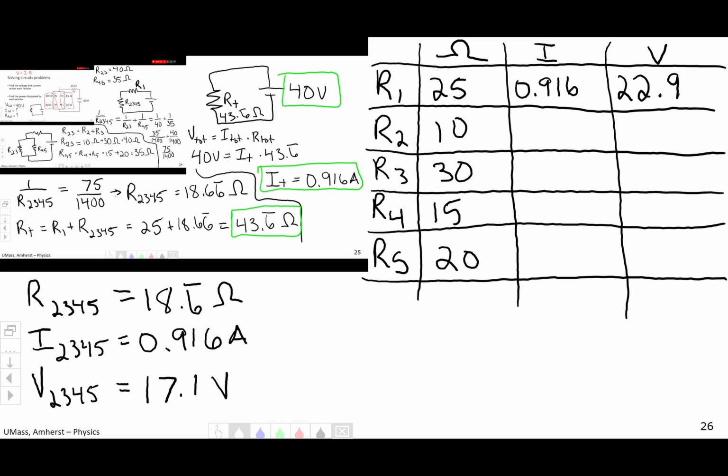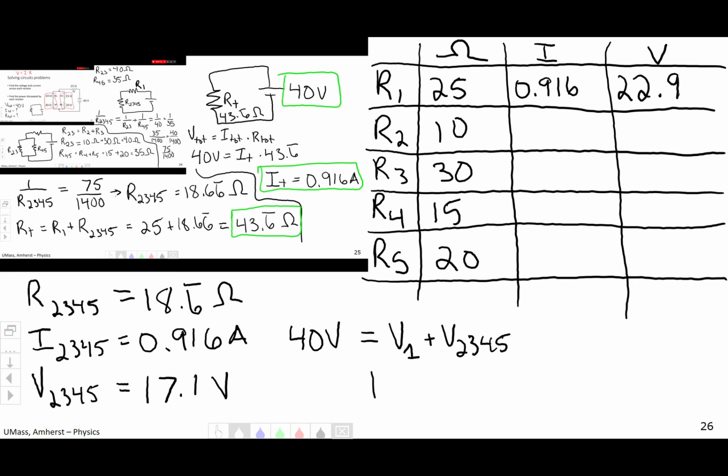All right, and sanity check. We know that Kirchhoff's voltage rule says that the sum of all the potential differences across a circuit must equal 0. That means that we have a total of 40 volts that must equal V1 plus V2,3,4,5, since we have a voltage drop across R1 and a voltage drop across R2,3,4,5.